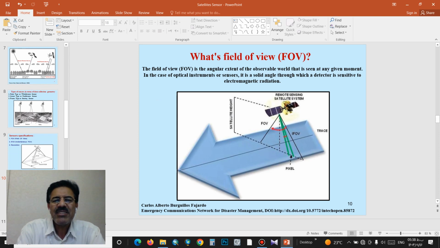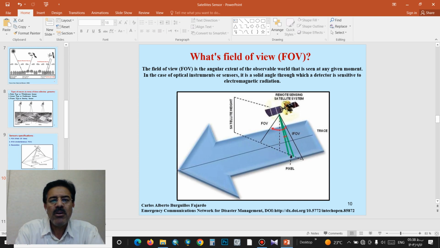But what is field of view or FOV? The field of view or FOV is the angular extent of the observable world that is seen at any given moment.